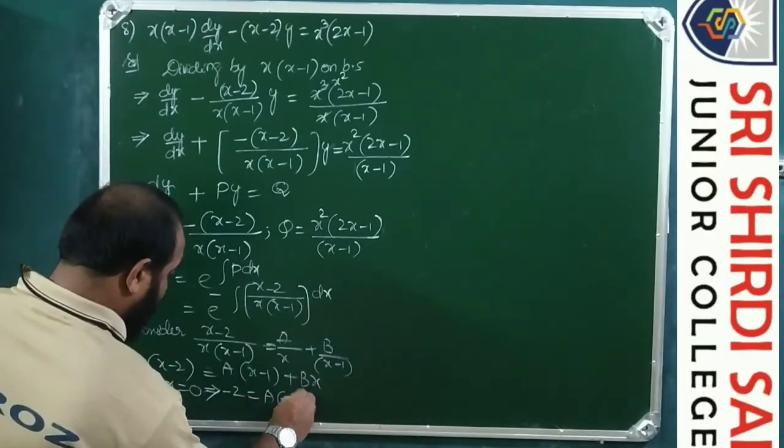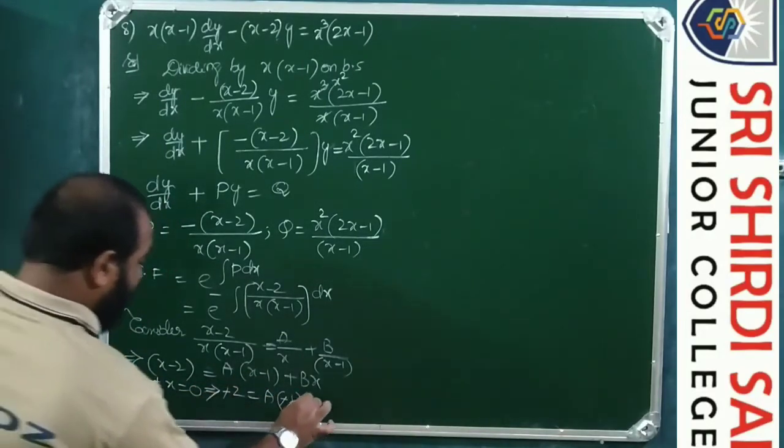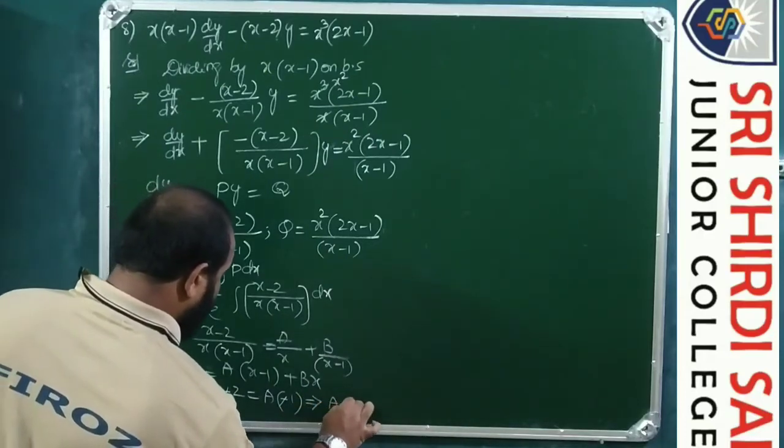This is minus 1. So minus gets cancelled. We get a equals to 2.